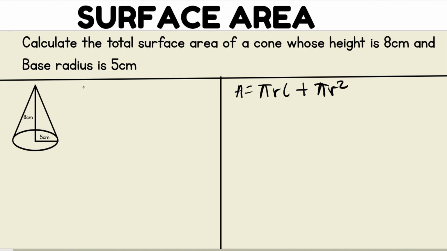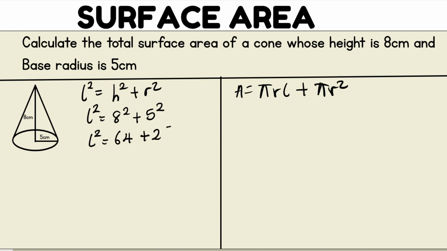Recall that we make use of the Pythagoras theorem, which is L square equals h square plus r square. And the vertical height is given as 8 cm and the radius is 5 cm. So L square will be 8 square plus 5 square. And therefore, L square will be 64 plus 25.